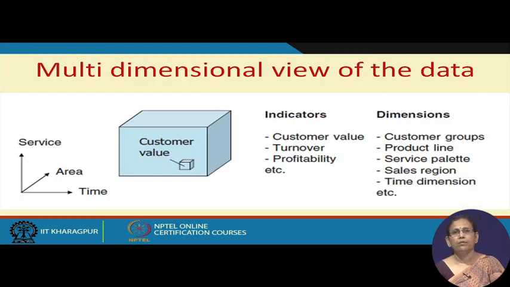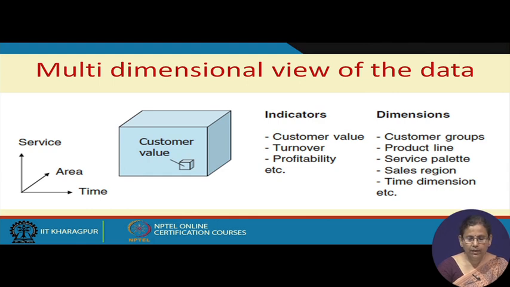Now, I was telling you that the data stored in a regular relational database system is actually two dimensional in nature. Therefore, if you would like to integrate the data from multiple dimensions, for example, here we are talking about a sales database where we look at the sales data from three angles: time, area of sales and service provided to the customer.